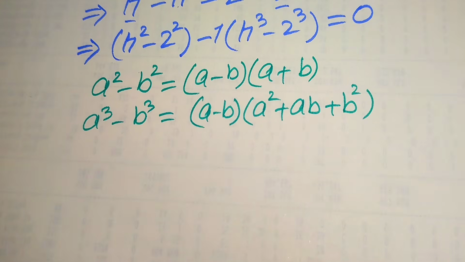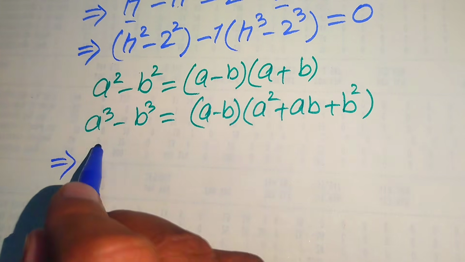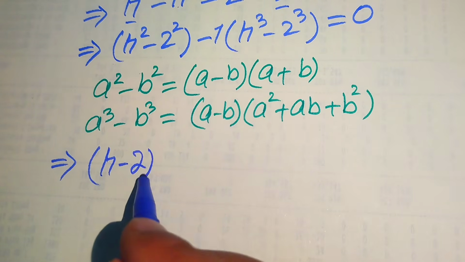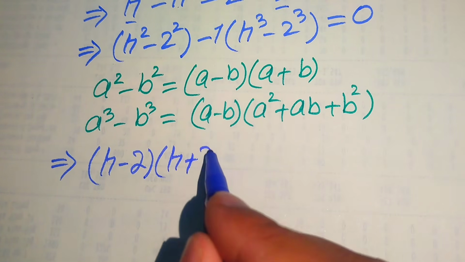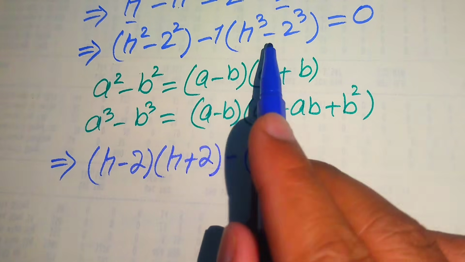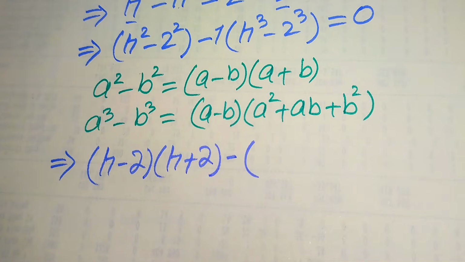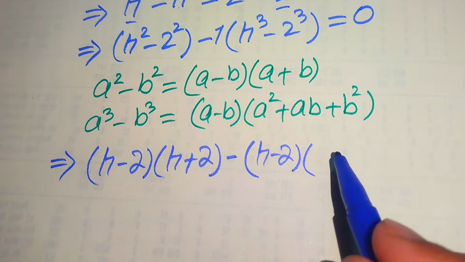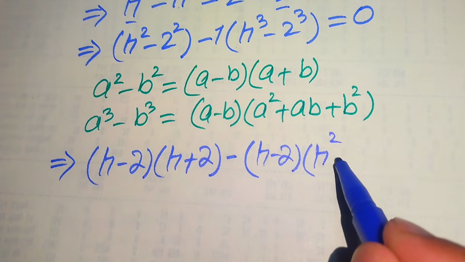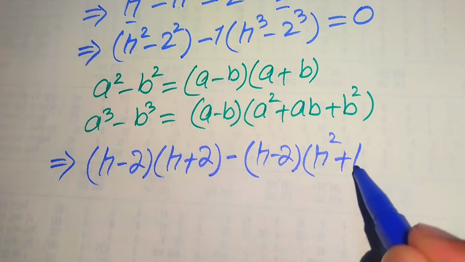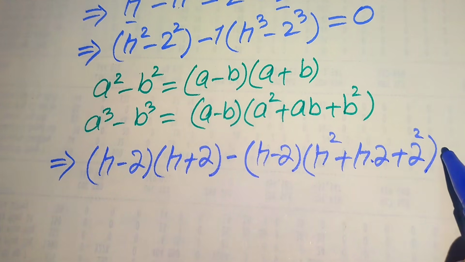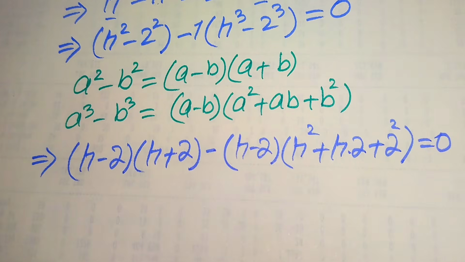So when we apply both of these two formulas to the above equation, it will be written as h minus 2 times h plus 2, minus, and applying the cubic formula on this term, h minus 2 times h square plus h into 2 plus 2 square, and this whole equation is equal to 0.